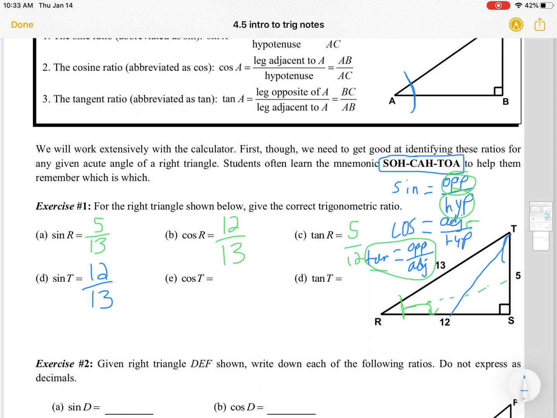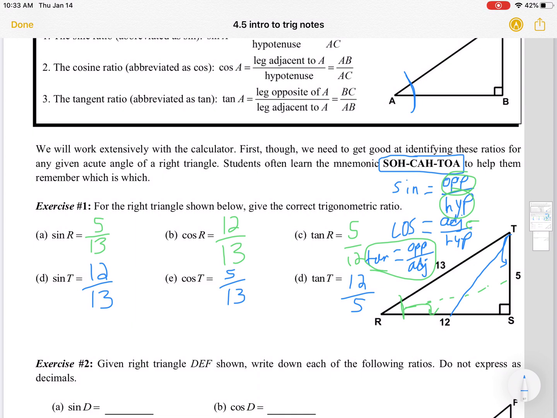The side adjacent to T is 5, and the hypotenuse is 13. So we have 5 over 13. And then tangent of T is opposite over adjacent. So opposite is 12, and adjacent is 5. So 12 over 5.